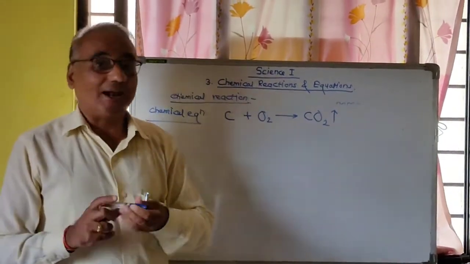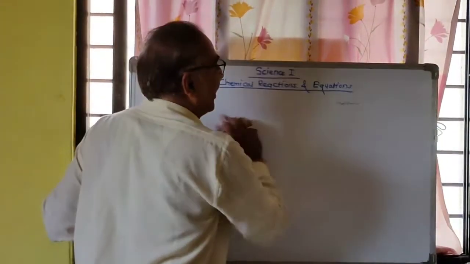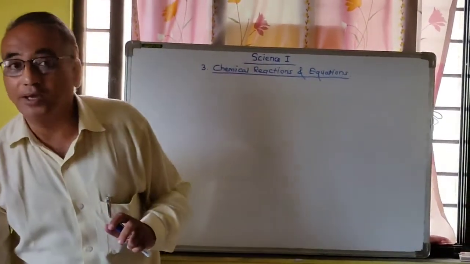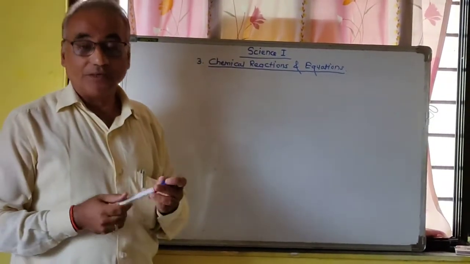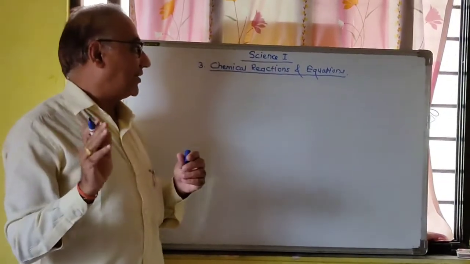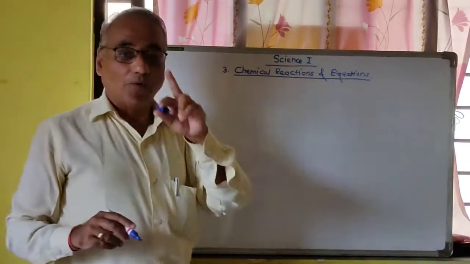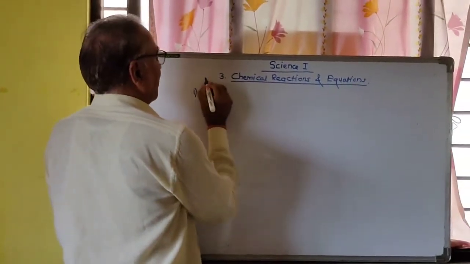Now let us try to understand the importance of chemical reaction. This is a very important topic which is not given in your textbook, but there may be a question in the examination. What are the importance of chemical reaction? The first importance is that reactants are converted into the product.